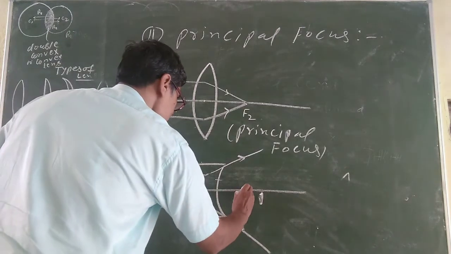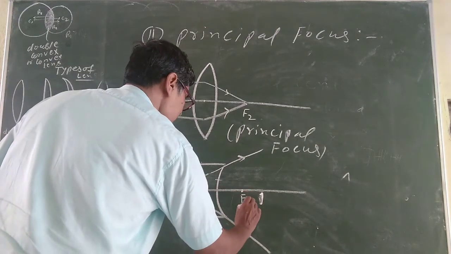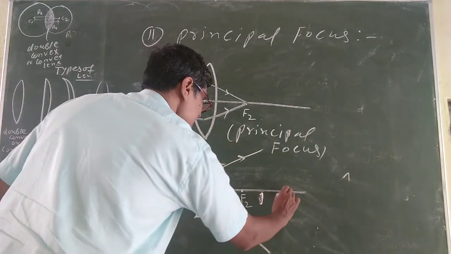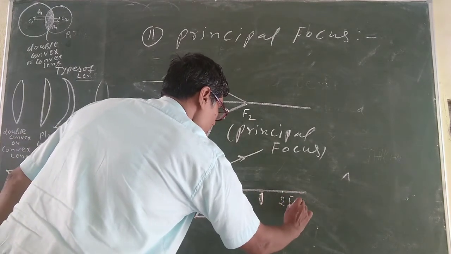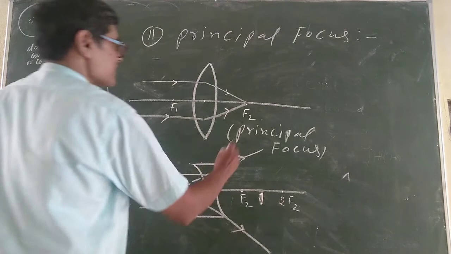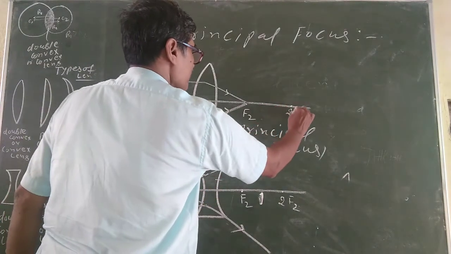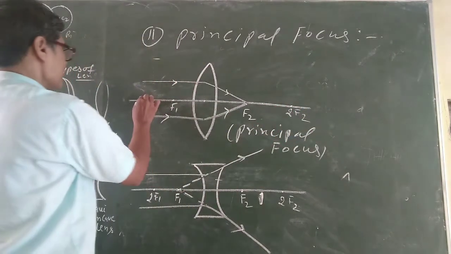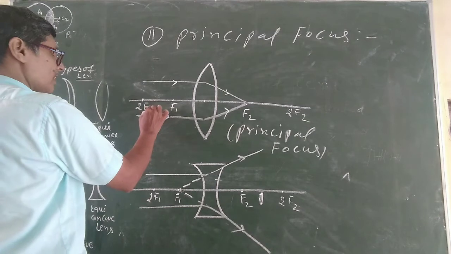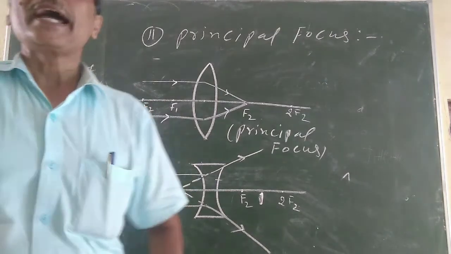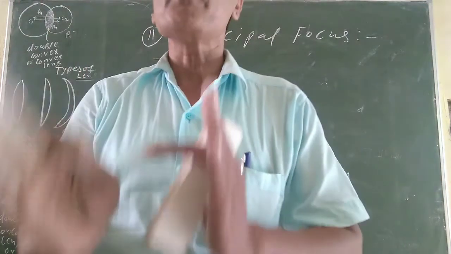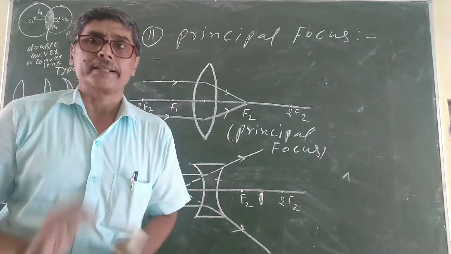So in the case of the concave lens, F1 is the principal focus. So the principal focus is a point on the principal axis where parallel rays after refraction actually meet or seem to come from that point. Thank you.